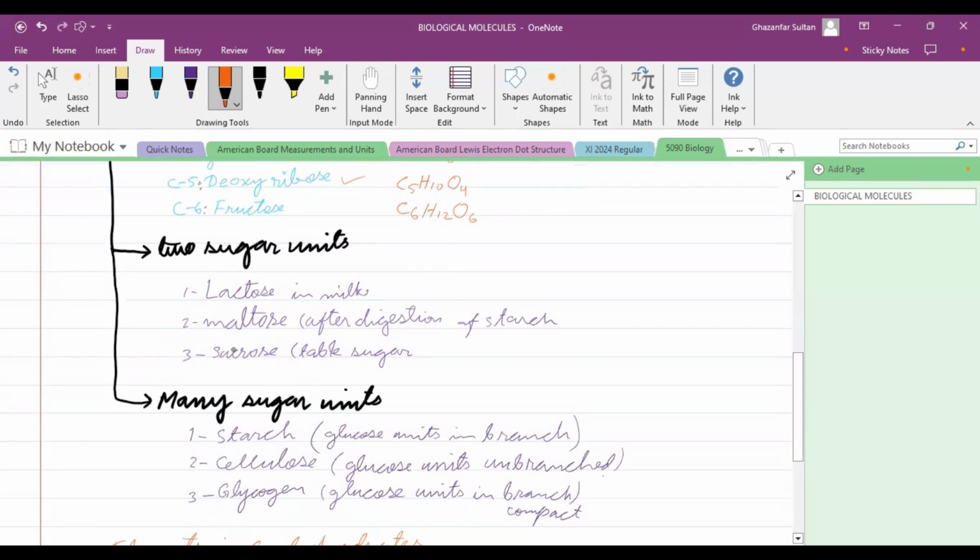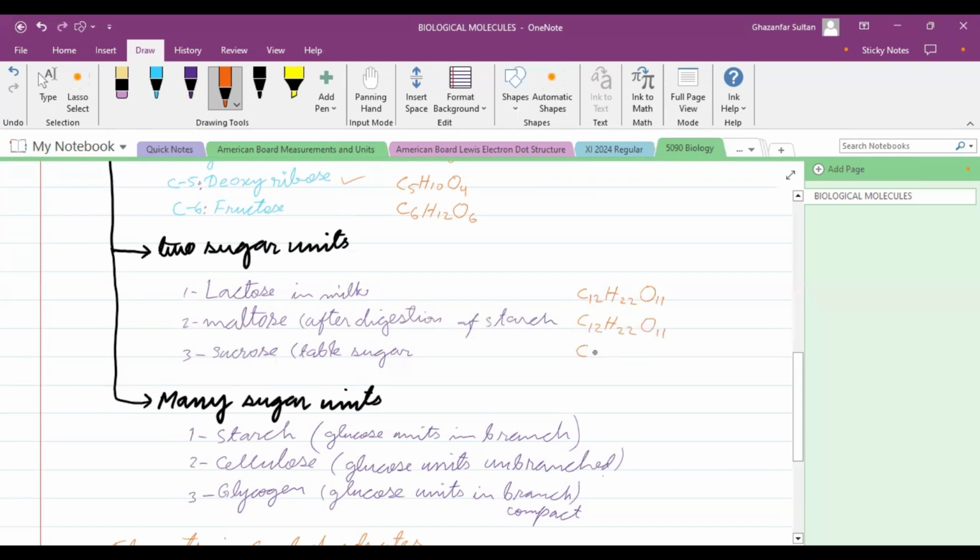Lactose, maltose, and sucrose, all of them have the same molecular formula that comprises two sugar units. And their formula is C12H22O11. And it is same for all these three carbohydrates which comprise two sugar units.